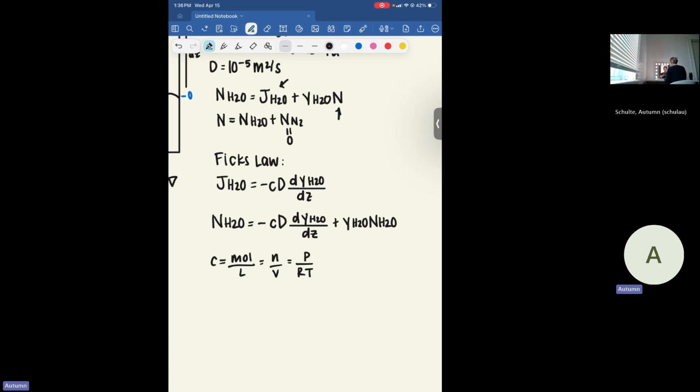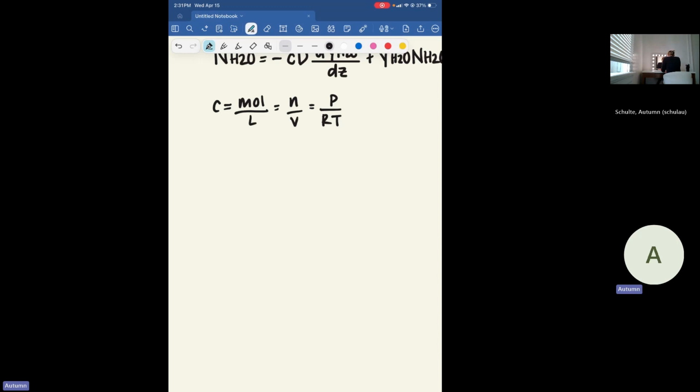So we are going to need to find the pressure of just the water, not the pressure of the water and nitrogen. Like I said, we are concerned with finding the pressure for the water. So you can just simply look that up. The pressure for water at 323 Kelvin is equal to 12 times 10 to the negative third pascals.